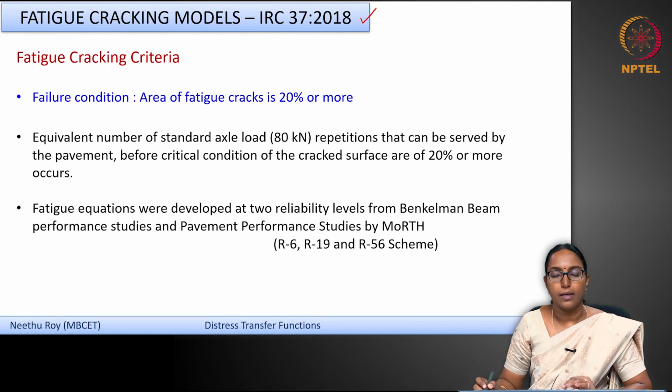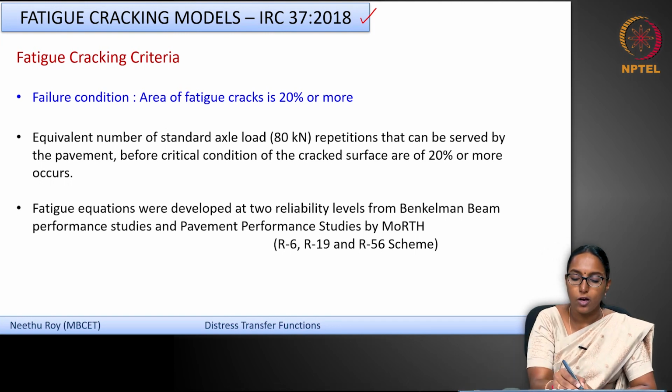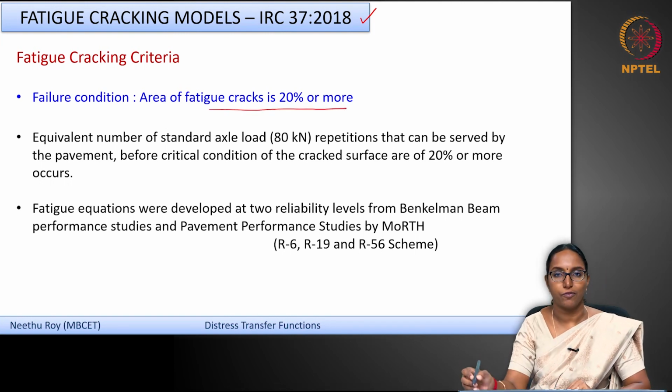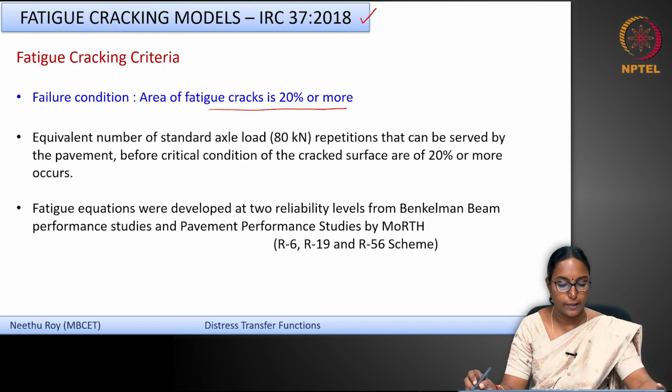In IRC 37, the failure condition is considered as an area of fatigue crack of 20% or more, as in the case of the Asphalt Institute. So similarly, 20% cracking is considered as failure.